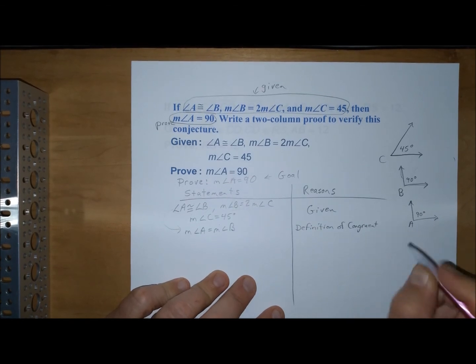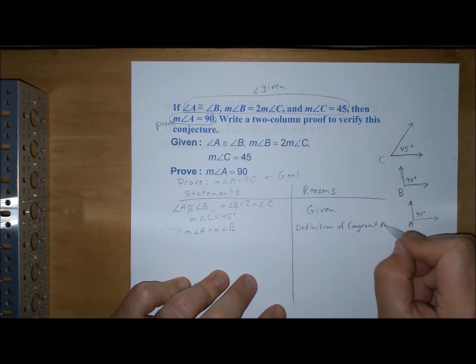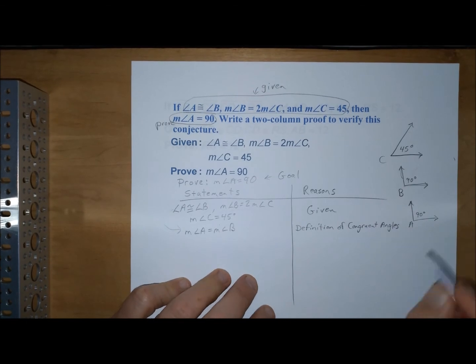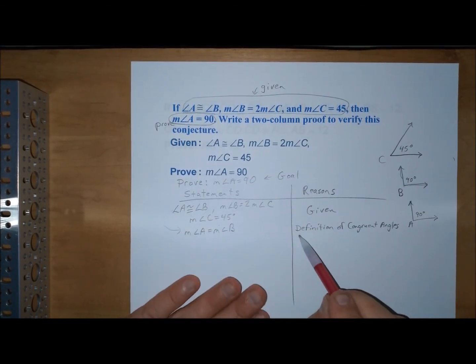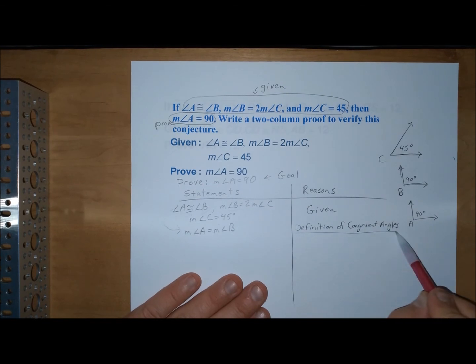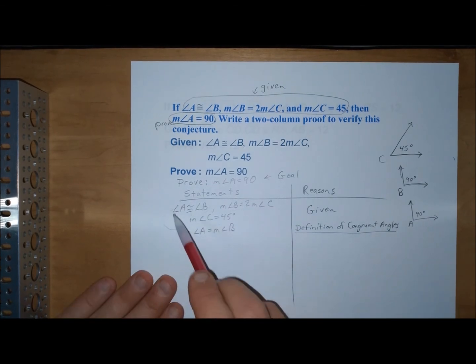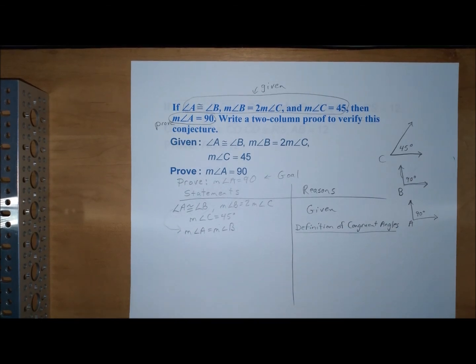Now remember, in that proof process I showed you, one of the things you can use is theorems, postulates or definitions. If you know the definition of congruent angles, you can use that to convert from a geometric statement to an algebraic statement.